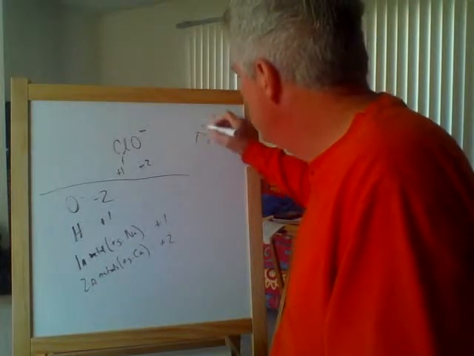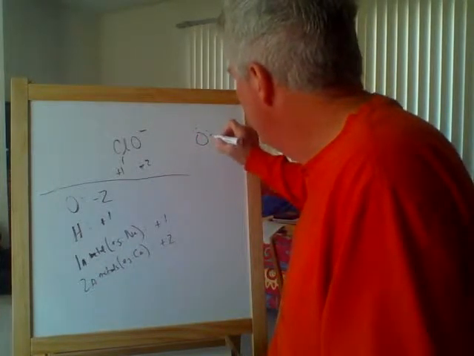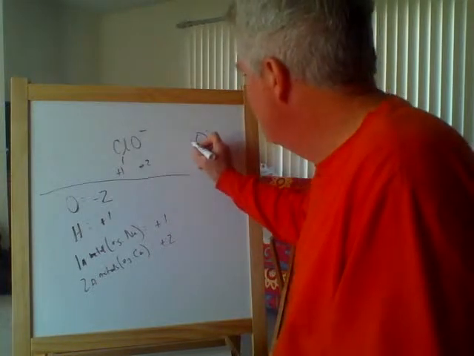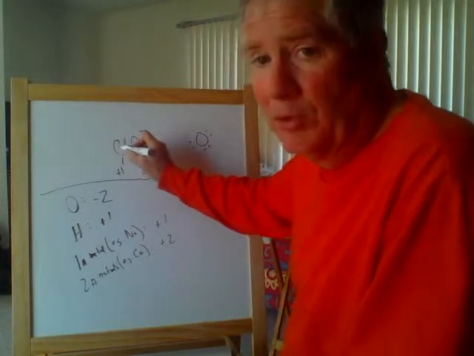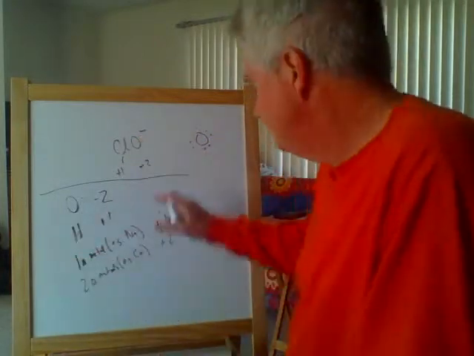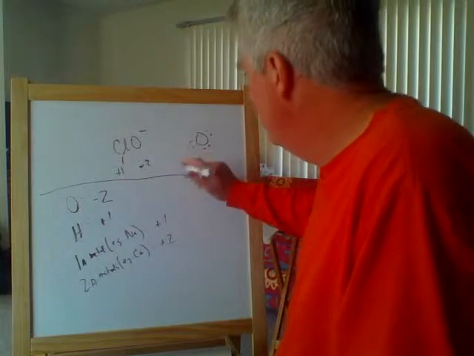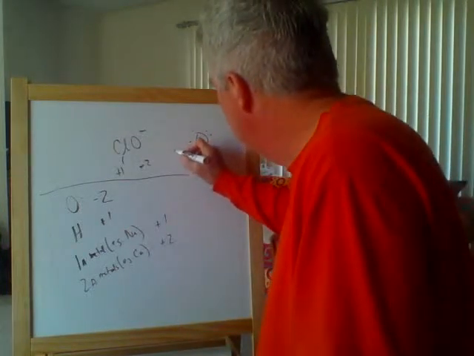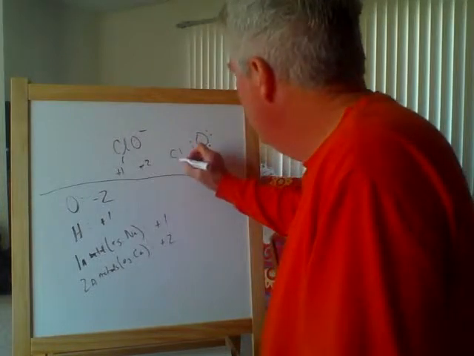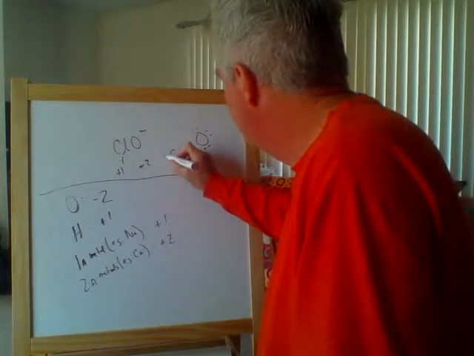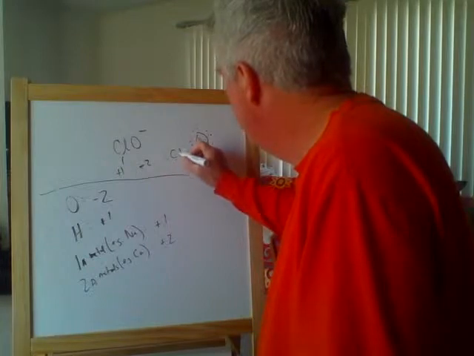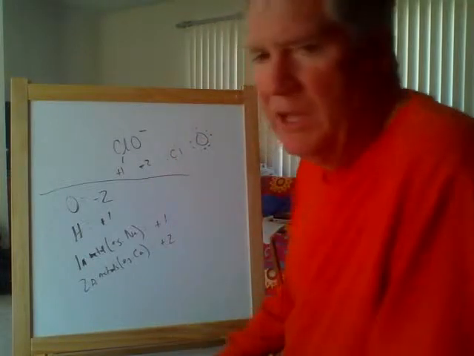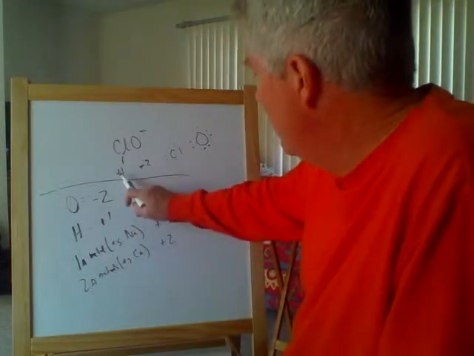Here's oxygen with its 1, 2, 3, 4, 5, 6 electrons, and since it's -2, it's grabbed 2 of them from chlorine. Chlorine usually has 7, but it's grabbed 2 of those, and the chlorine atom is attached to the O like this, and chlorine will have 1, 2, 3, 4, 5, 6. Again, it usually has 7, but has 6. That's why it's +1.